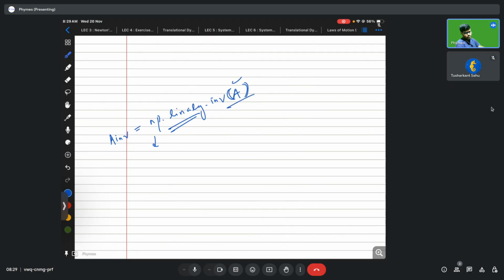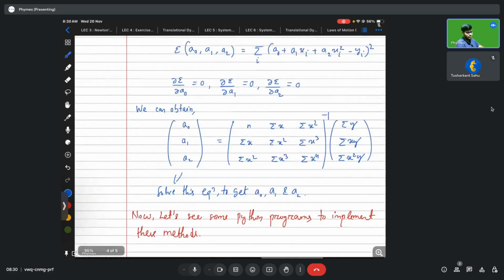Just input the matrix here, and you'll get its inverse, and then multiply it with this column vector, and you will get the values of A0, A1 and A2.